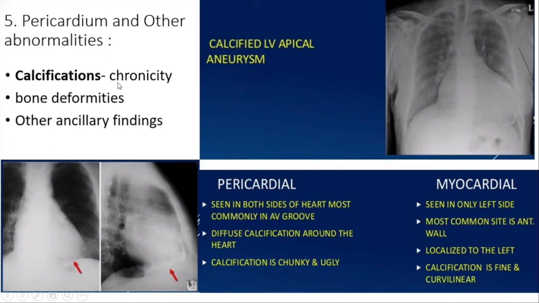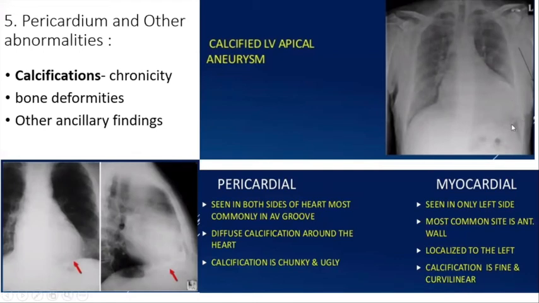And when the pericardium shows linear or speckled calcification, here is a linear or curvilinear fine calcification along the border of the heart. This is more peculiar of myocardial calcification.